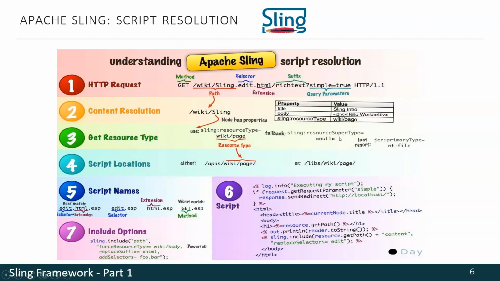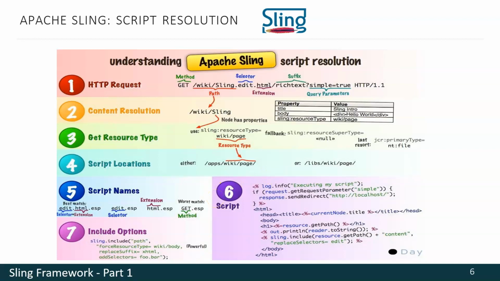So the value for Sling resource type is wiki page, and searching for the resource is carried out in two paths. That is /apps/wiki/page, and in case the resource is not found there, then it will try to find it under /libs/wiki/page. So let's suppose that the component resource is found under the apps folder and there you have a few scripts.